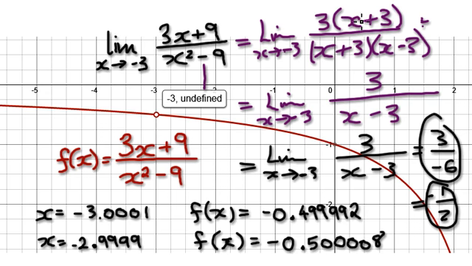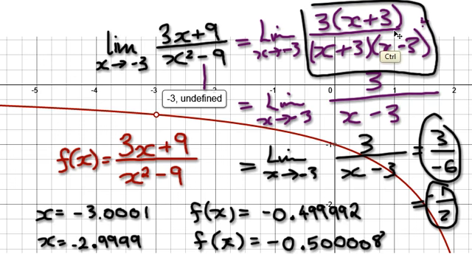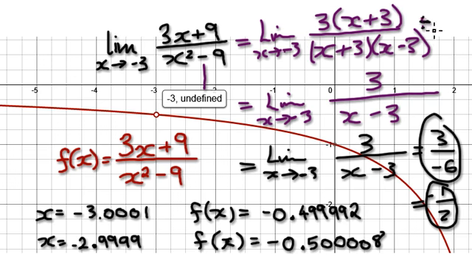Just a word of warning. When you are here, inside your mind, you're actually dividing top and bottom by x plus 3 at the top, and then you also divide at the bottom by x plus 3. Just make sure you're dividing by this bubble here, and make sure this bubble here is not 0.